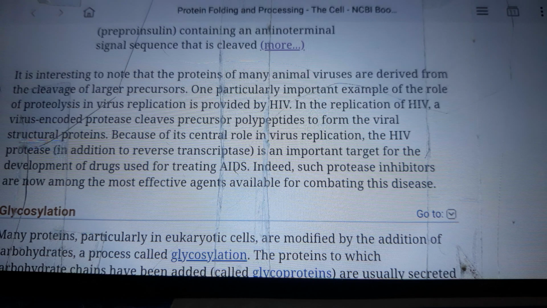Because of its central role in virus replication, the HIV protease, in addition to reverse transcriptase, is an important target for the development of drugs used for treating AIDS. Indeed, such protease inhibitors are now among the most effective agents available for combating this disease.